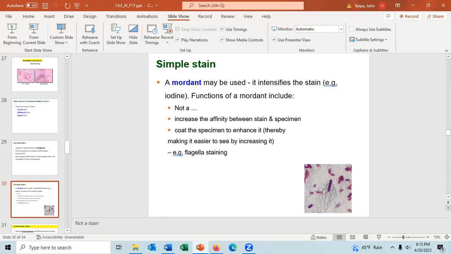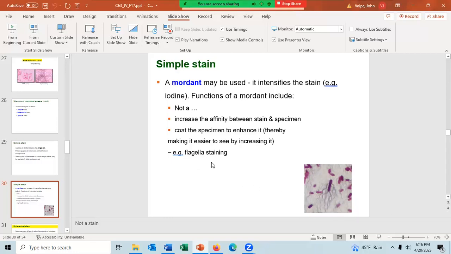It may coat the specimen to enhance it. In the Gram stain, the mordant binds to the stain, increasing the size of the staining molecule, which intensifies the contrast. It makes the object stain more darkly, enhancing the stain and making it more easily visible.